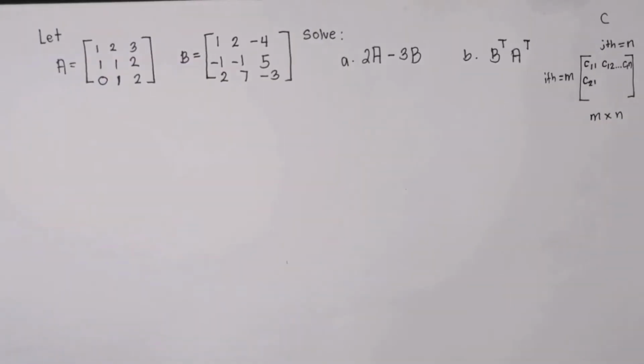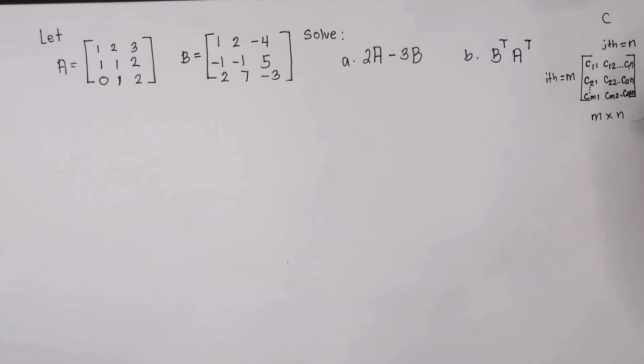Then C 2, 1, second i, first j. We have C 2, 2, second i, second j. Going deeper, we have the last row, m, and this is the first column, C m, 1. And we have also C m, 2, until it reaches C sub m by n. That makes it up as m by n.